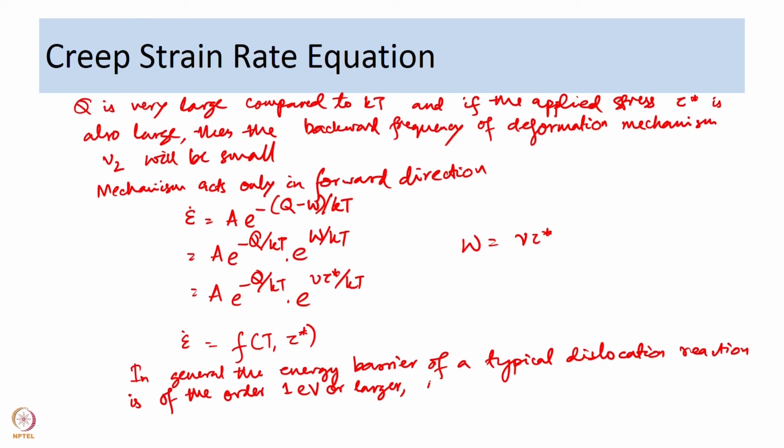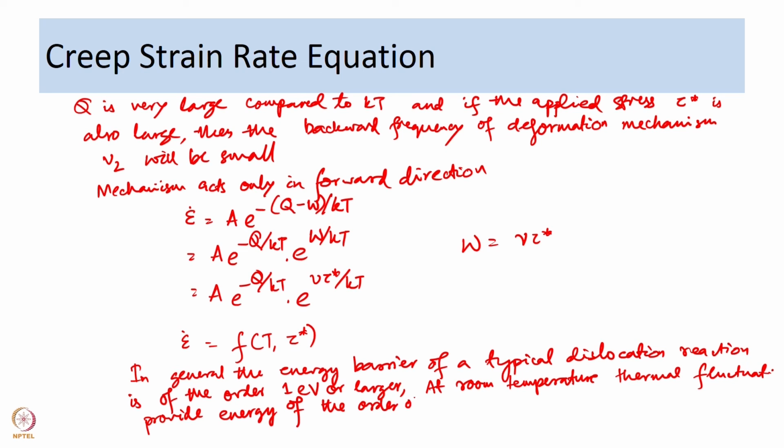At room temperatures, the thermal fluctuations provide energy of the order of 1 by 40 electron volt, and at high temperatures, say around 900 degree centigrade or so, the thermal fluctuations provide around 1 over 10 electron volt.